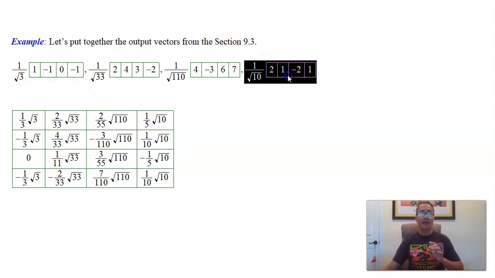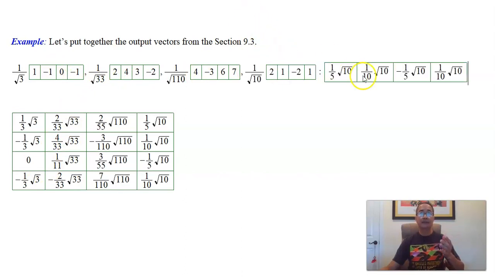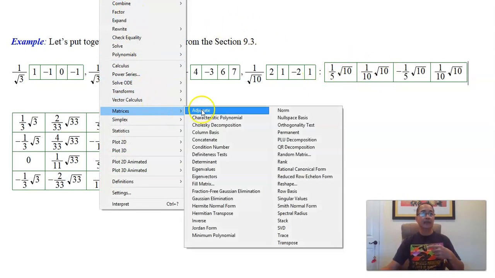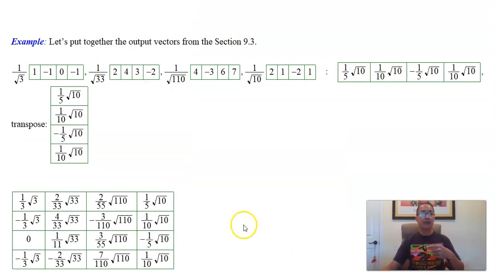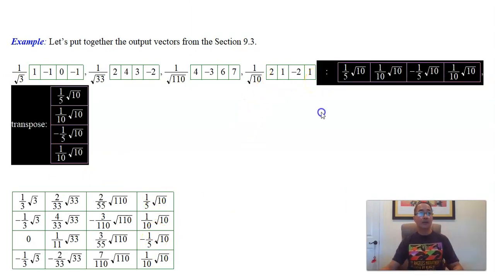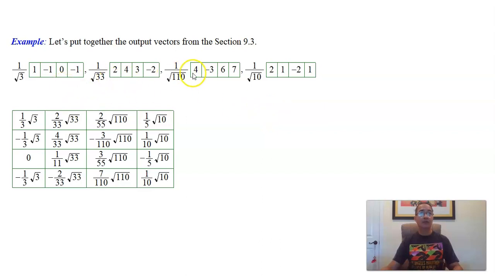Well, that's because I computed each of these vectors. Let me show you. Okay, so I put the 1 over square root of 10 inside, and then I took the transpose. Matrices transpose. Okay, so that's what I put into column 4, the last vector. Okay, so repeat for column 1, column 2, and column 3.